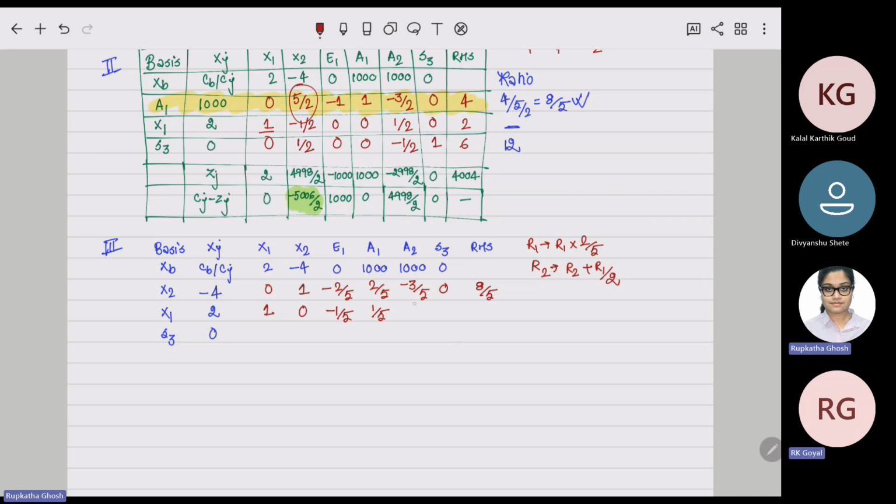This would be half minus 3 by 10, so that is 5 minus 3 over 10, so this would also become 1 by 5.